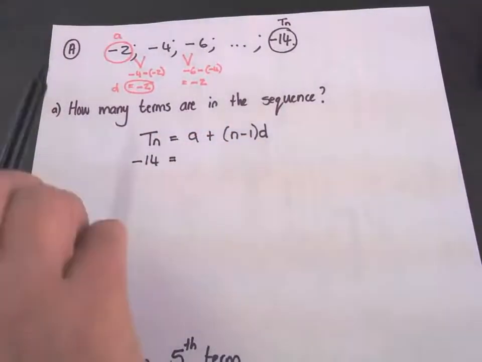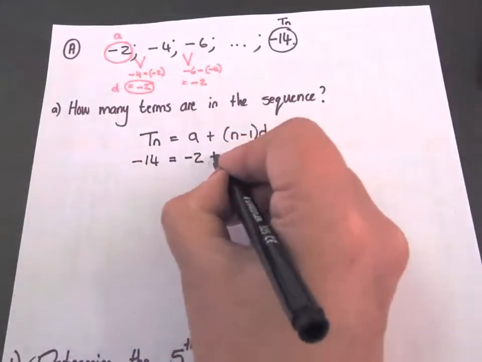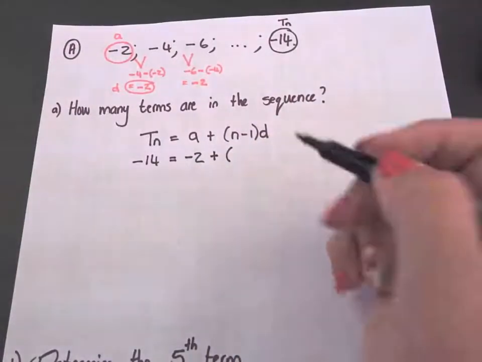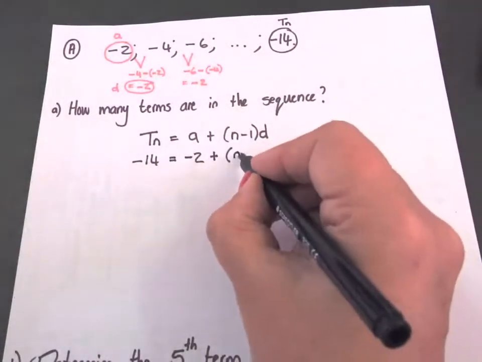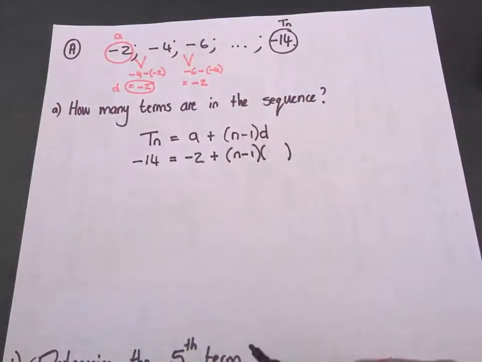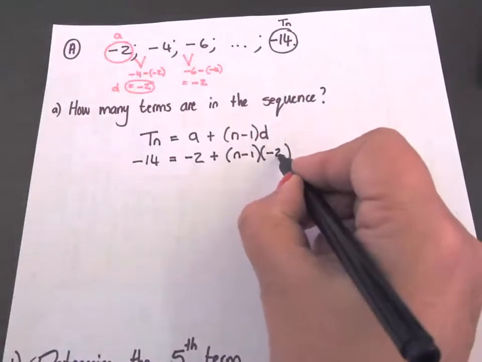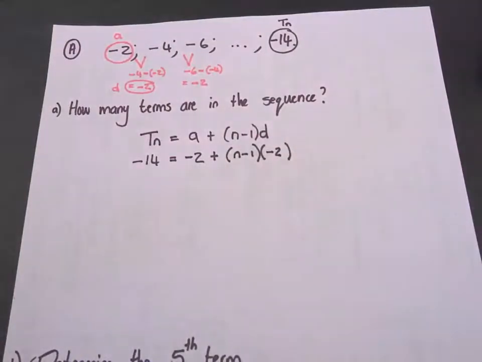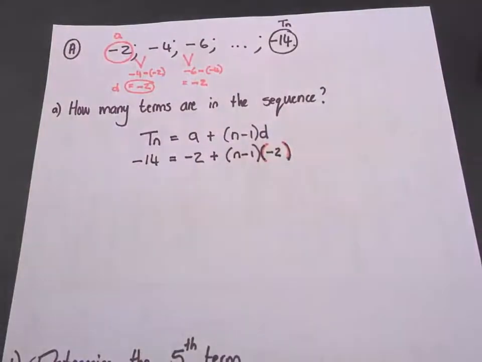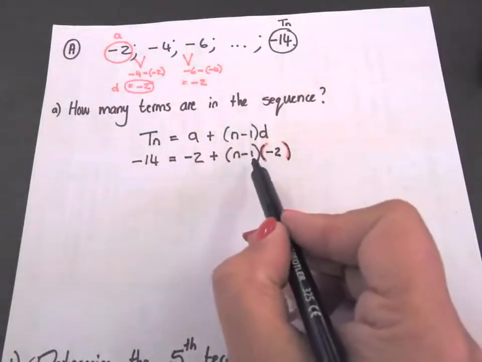A is our first term, it is negative 2, plus n, we need to work out n, so we leave n as n minus 1, and we have to multiply it with D. D is negative 2. It's always good practice to write your D in brackets so that you know that you have to multiply this value into the bracket.